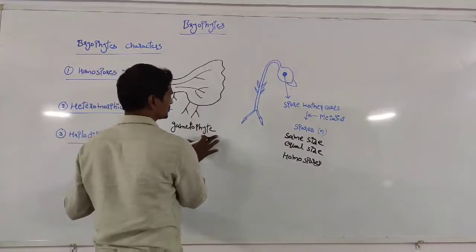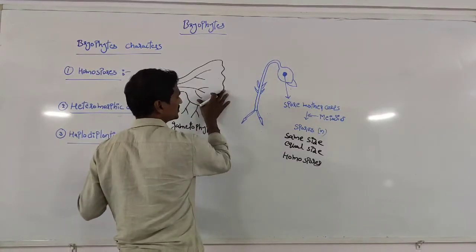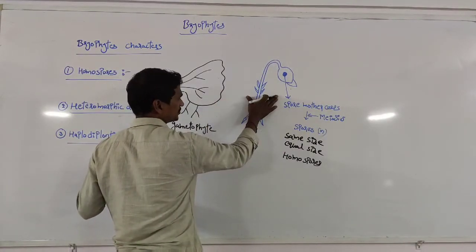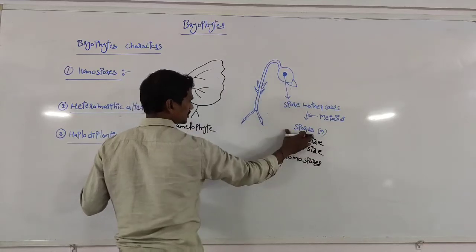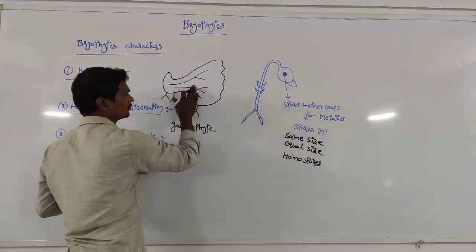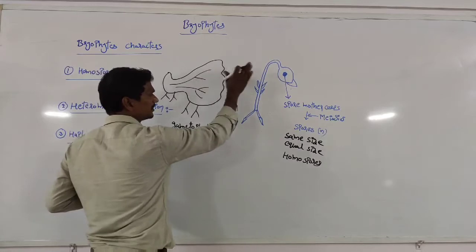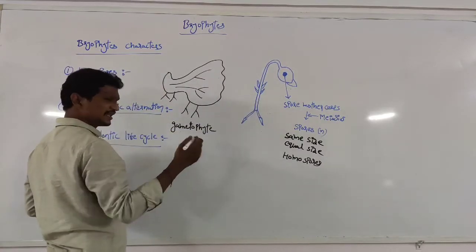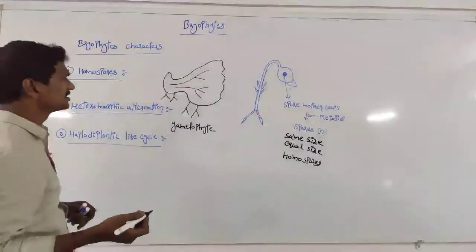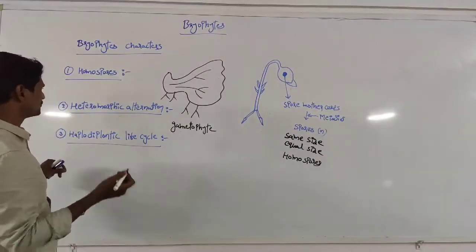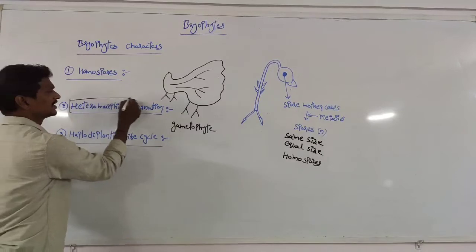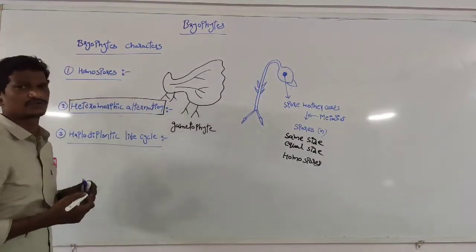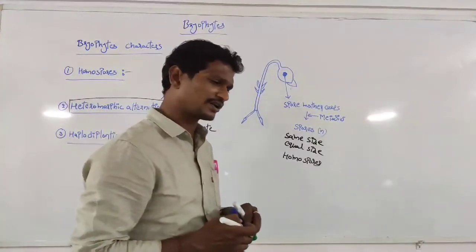Initially there is the gametophyte stage. Upon the gametophyte stage, the sporophyte is produced. Within the sporophyte, spores are produced. Again from spores to gametophyte, and again gametophyte to sporophyte. These occur in a cyclic manner, and that is called heteromorphic alternation.